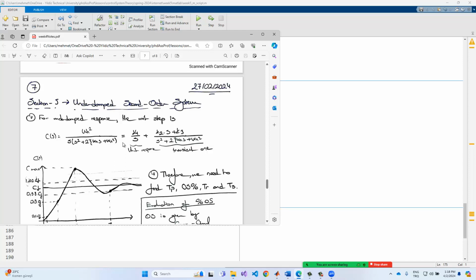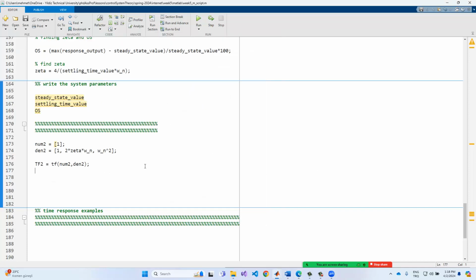It doesn't matter what the terms or the variable type are. We only deal with the mathematical values or the plotting values, and so we can build our transfer function based on this information. This is called the estimation of the second order system response, okay?